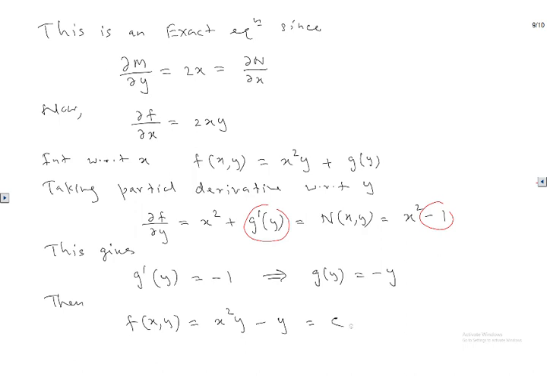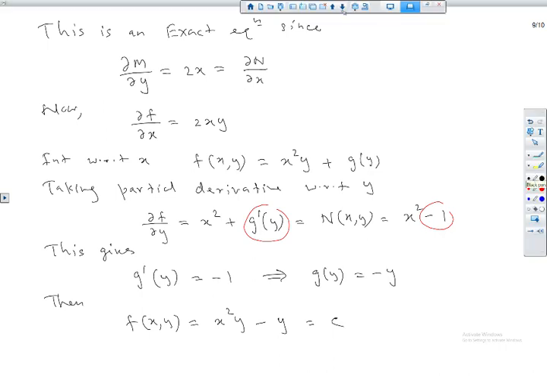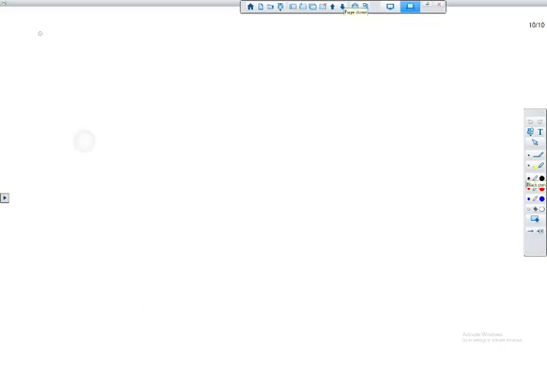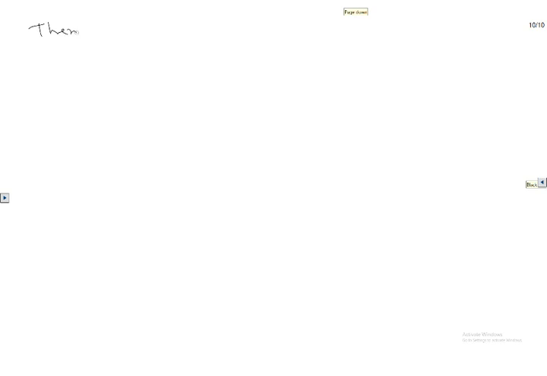Now in this case, you can actually solve for y, so we're going to go ahead and do it. Therefore x squared y minus y equals a constant, and you can factor this. So you get y times (x squared minus 1) equals a constant, and we can divide both sides.